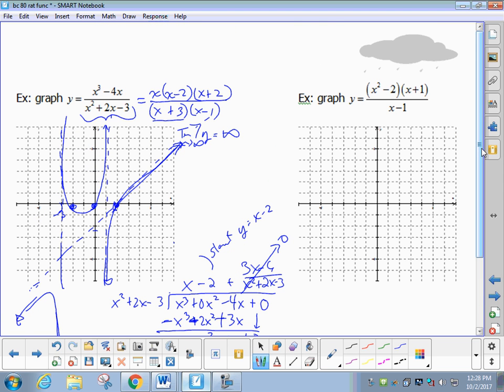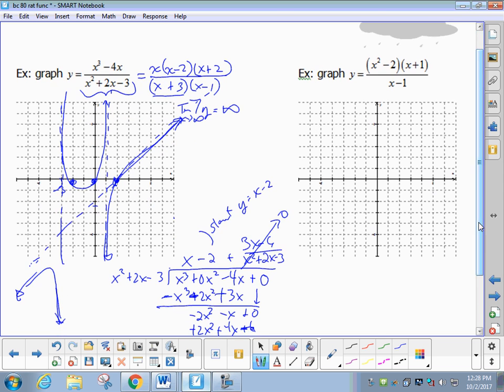Last one, or maybe we should... Oh, no, sorry, no offense. This one's a little ugly. So tell me about x-intercepts here, people. Negative 1 and root 2, 1.4-ish.